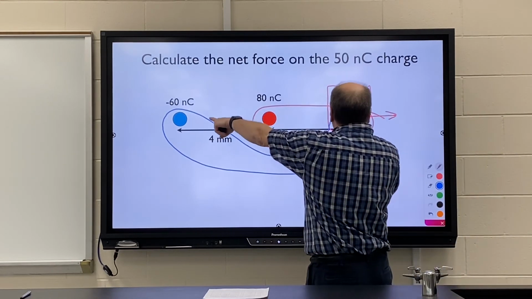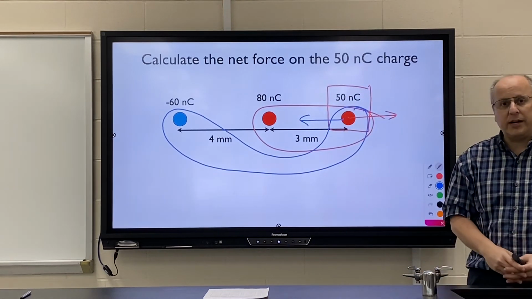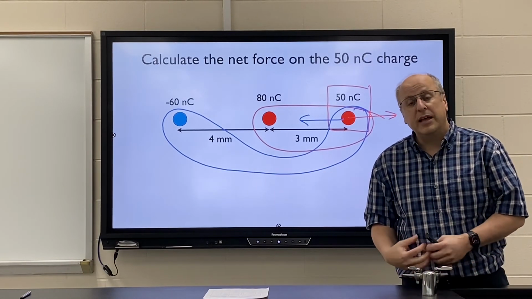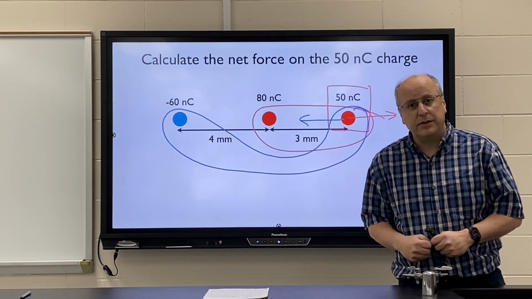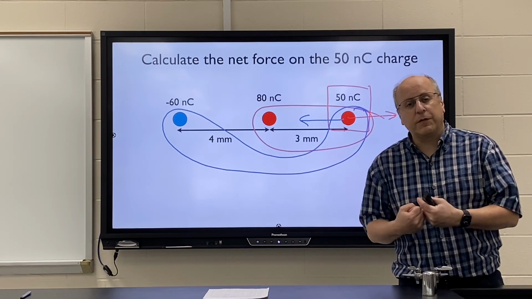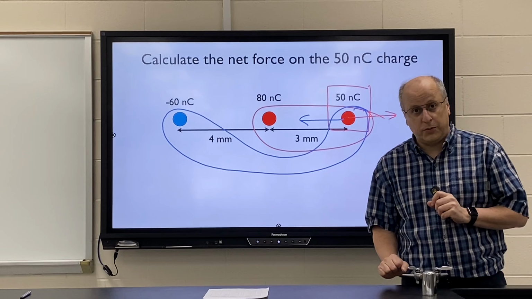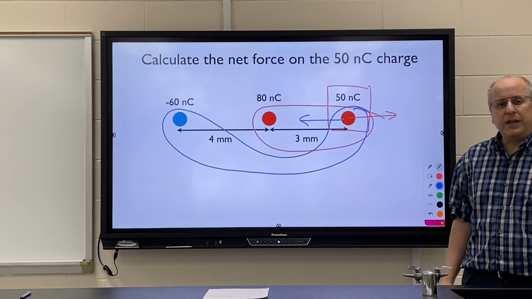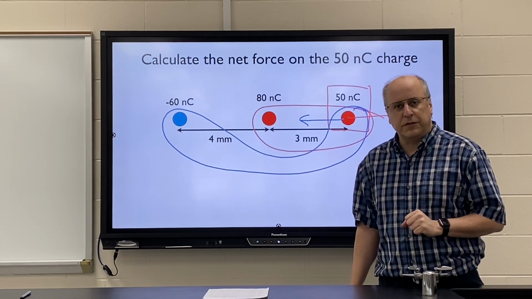The -60 is negative, so it's going to attract the positive charge. So these two forces are acting in opposite directions, and they are going to partially cancel out. So you want to subtract the two forces, and whatever force is bigger determines what direction the charge is going to move. All right, so anyway, that is a quick review of the electrical force, and we'll use that moving forward in just a few lessons.